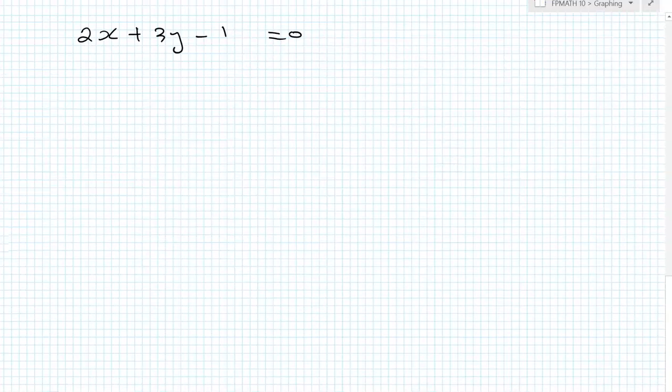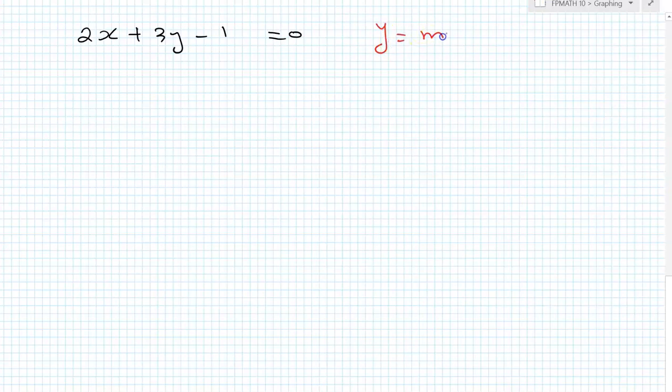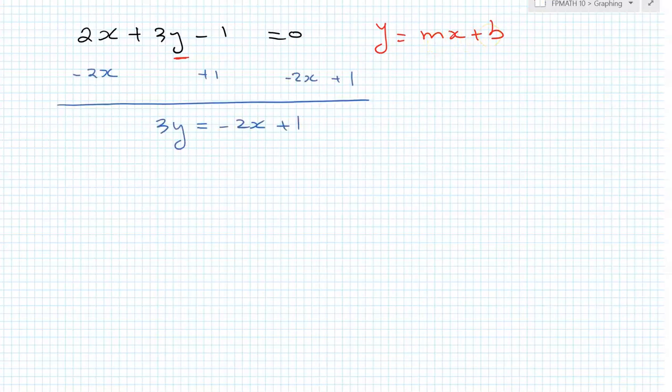Here is the general form. Let's change it to slope-intercept form, y equals mx plus b. That means we need to solve the original general equation for y, so we have to get rid of the 2x and the minus 1. The first step is subtracting 2x from both sides and adding 1 to both sides.